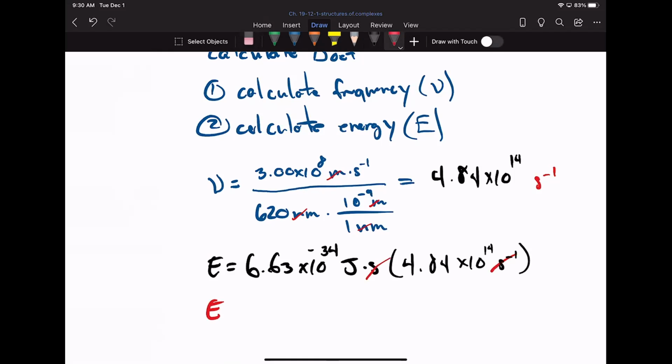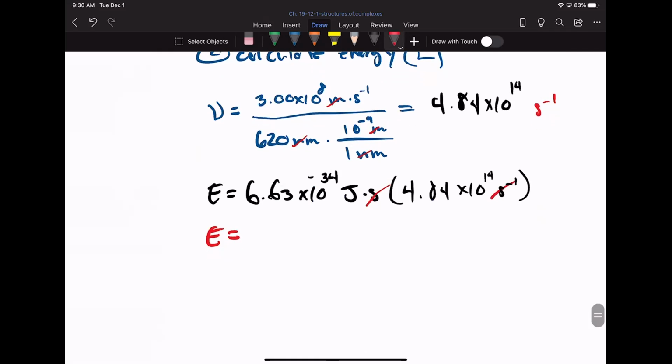So the energy is equal to what? This is probably going to be a really small number. Should be negative something, negative 19-ish. I got 2.68 times 10 to the -19.